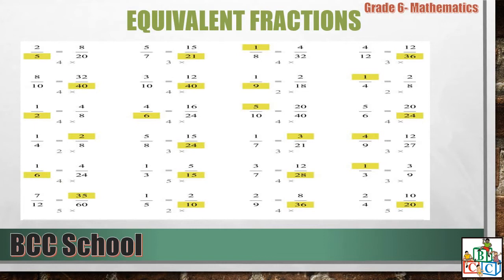Let us take the second example, 8/10. The equivalent is 32/40, which means we should multiply both numerator and denominator by 4. 8 times 4 is equal to 32. 10 times 4 is equal to 40.